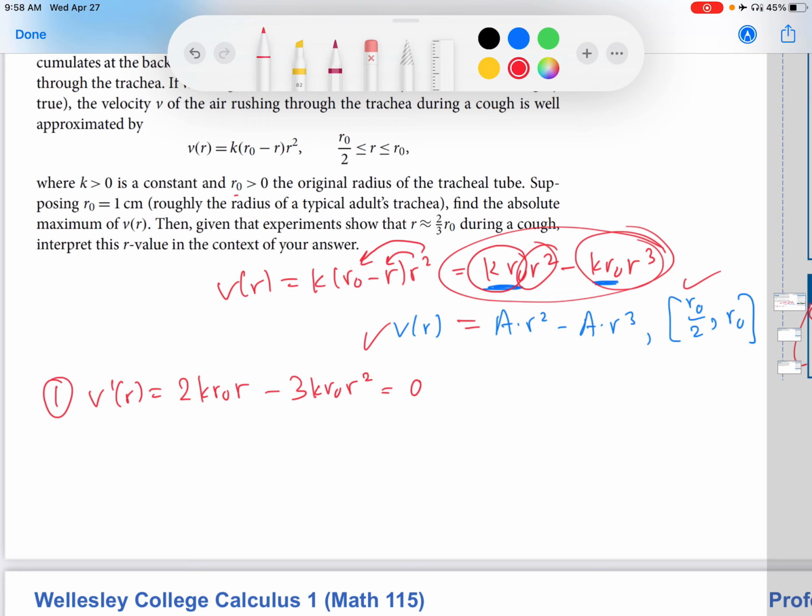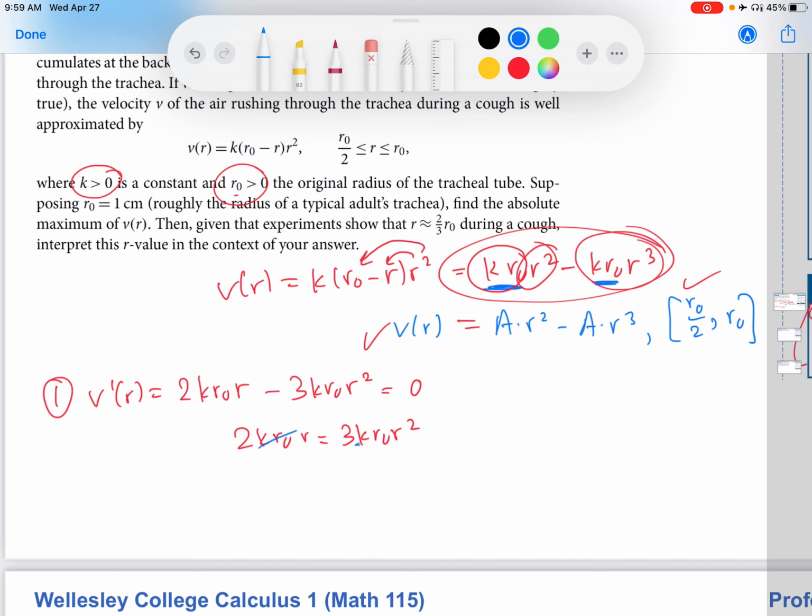Let's set this equal to 0. If I do that, I can move things around. It equals 3k r0 r squared. And I remember that k and r0 are constants, and they are positive, so I can divide through by those and get rid of them.